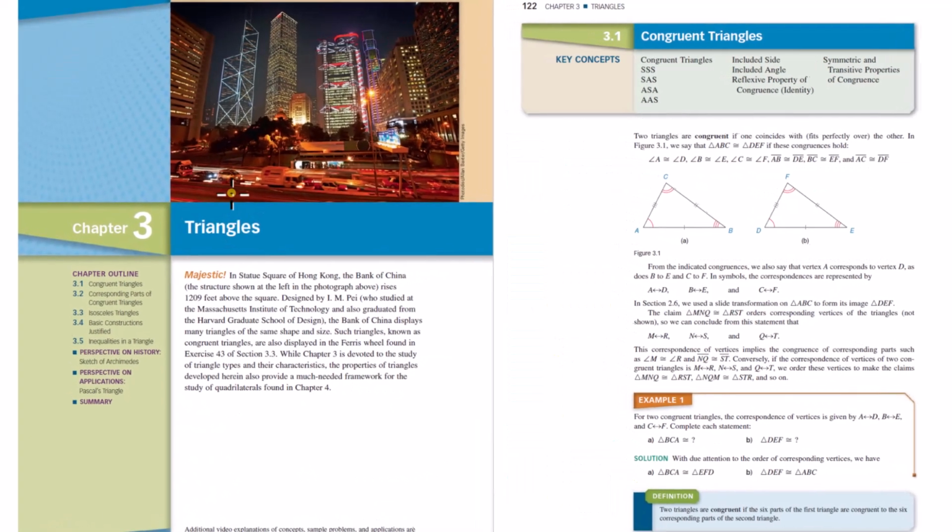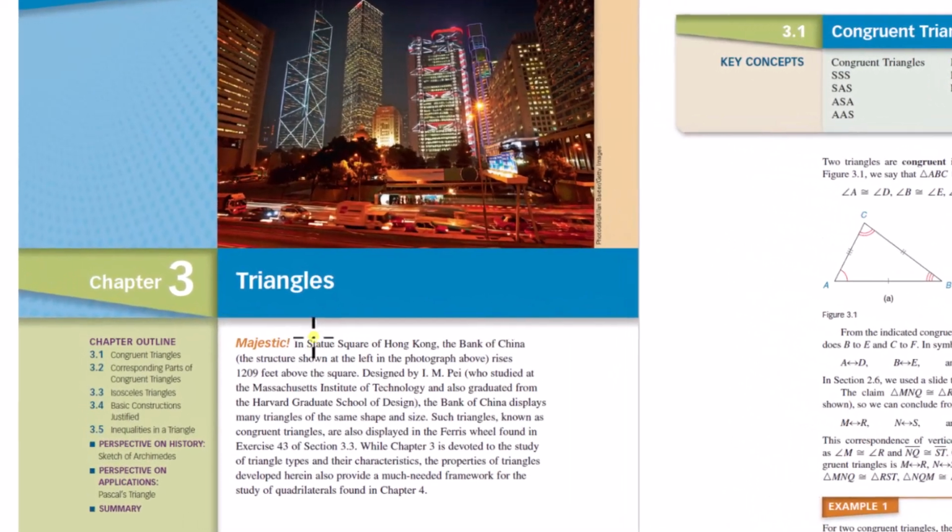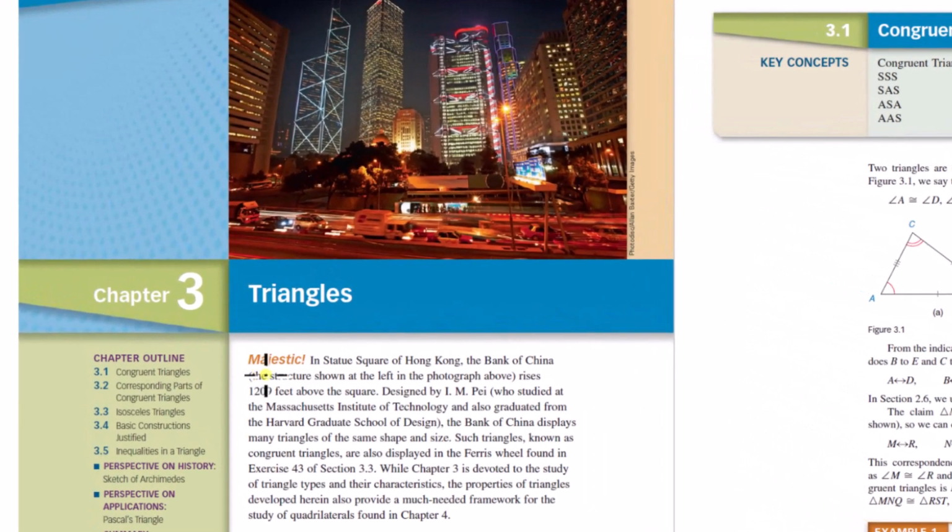Okay, so here's the opening image for this chapter. It says majestic. In Statue Square of Hong Kong, the Bank of China, the structure shown at the left in the photograph above. So here's the Bank of China, they're saying, rises 1,209 feet above the square.